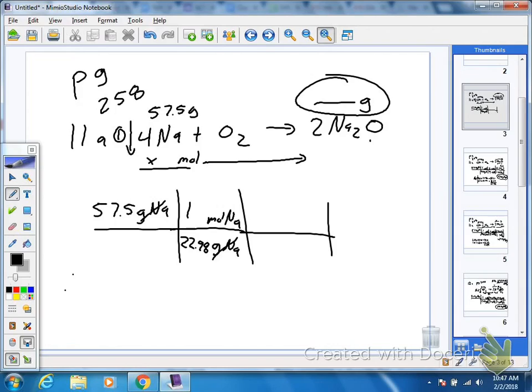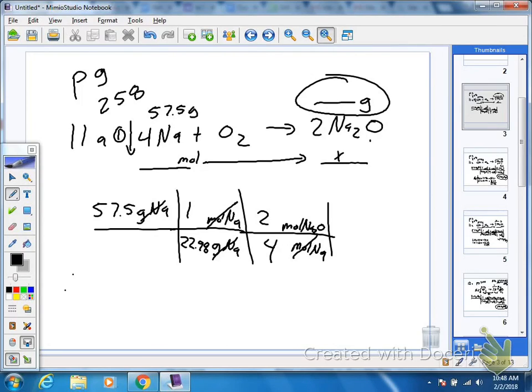So the moles of Na, I can automatically write moles of Na down here, and that lets me start my process. So moles of Na to what? Moles of Na2O. So there's where I put my 4 to 2 ratio. So after I do my calculation, I no longer have moles of sodium, but I have moles of Na2O right there at that step.